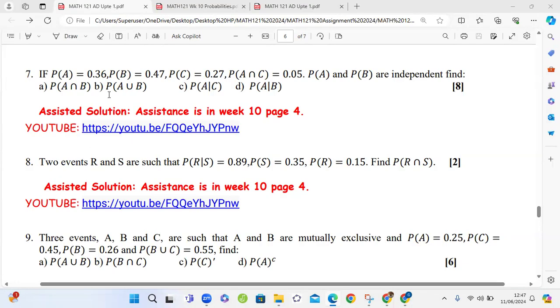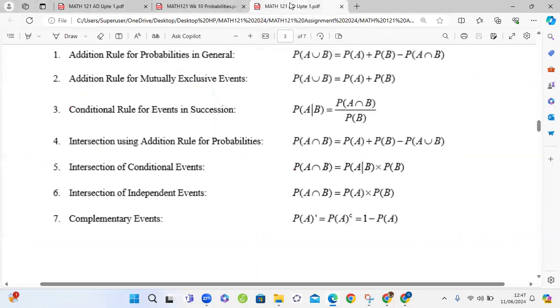Part B says, find the probability of A union B. So we have to go to the list and look for union. The first 2 formulas are based on union. Addition rule for probabilities in general, addition rule for mutually exclusive events.